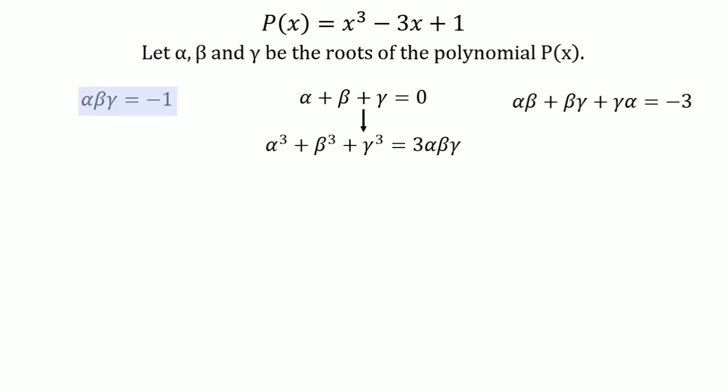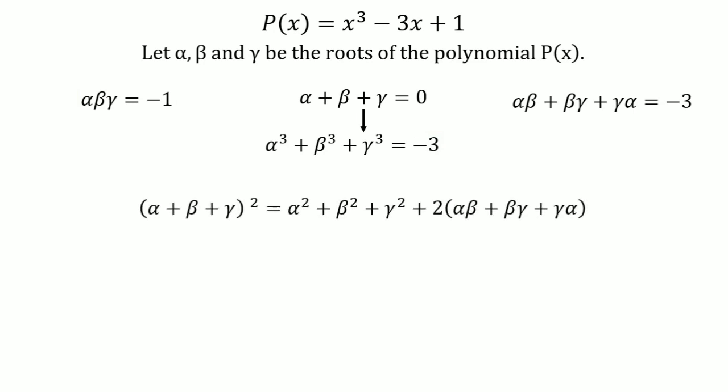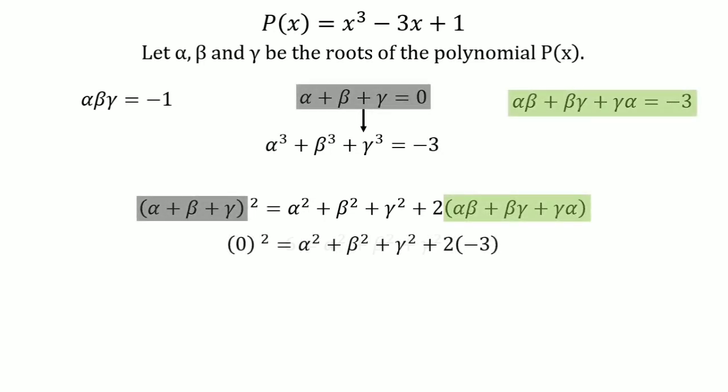Now alpha beta gamma is equal to −1, so this is equal to −3. Now squaring both sides of (alpha + beta + gamma), then we have this. Now putting all the values, finally we have alpha² + beta² + gamma² is equal to 6. And now we have to find two more things.